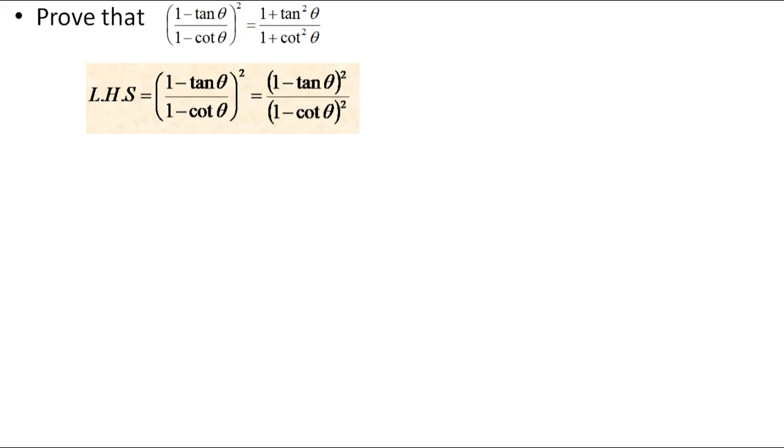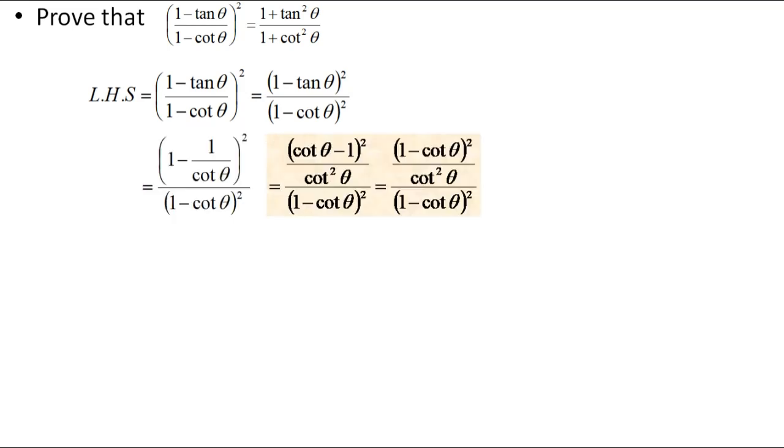We know tan theta equals 1 by cot theta. Then put tan theta equals 1 by cot theta and we get (1 minus 1 by cot theta) whole square by (1 minus cot theta) whole square, which equals (cot theta minus 1) whole square by cot square theta by (1 minus cot theta) whole square.